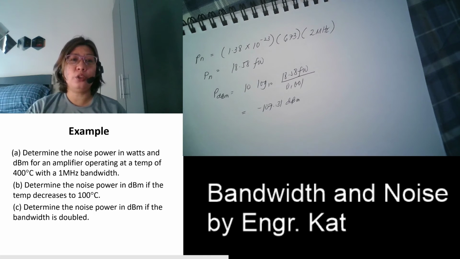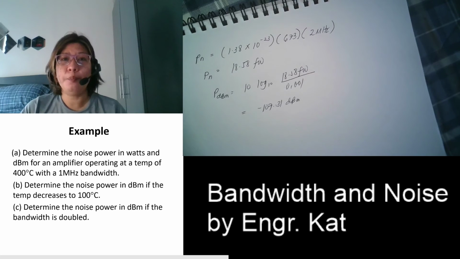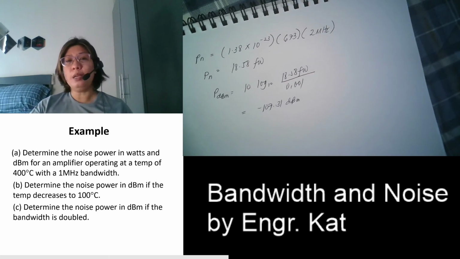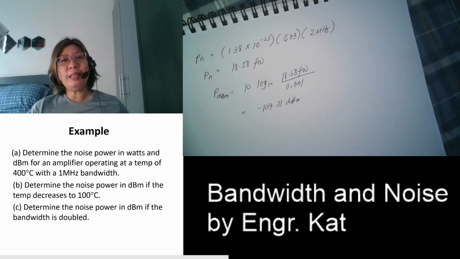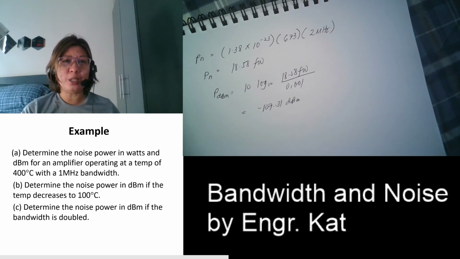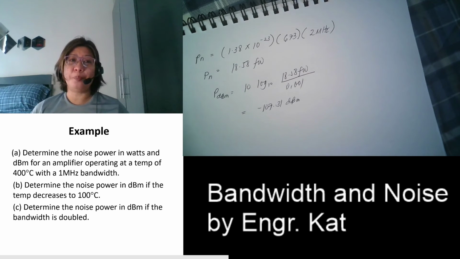And on the third example, letter C, we use the original temperature, and then we doubled the bandwidth to get the relationship between the bandwidth and the noise power. Okay, so as you can see, the formulas are very simple. This is just direct to the point, just direct substitution. So the formulas so far are very simple.